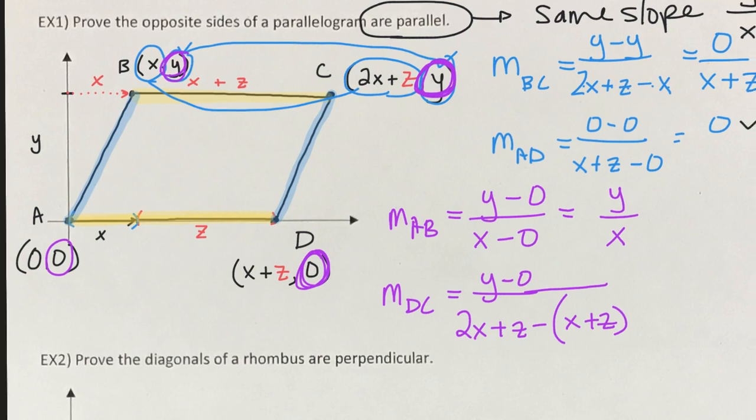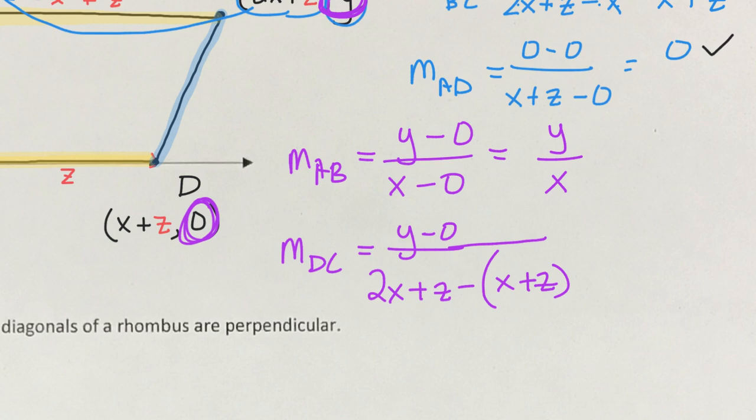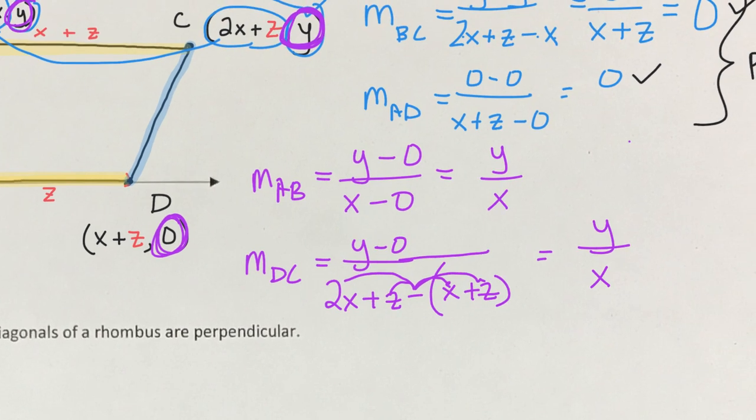Okay, y minus y over x minus x. So let's do this subtraction. 2x minus x is 1x, and then z minus z is 0, right? So we have a slope of y over x. And by Jove, that's exactly what we had on the other side. So those are parallel also.